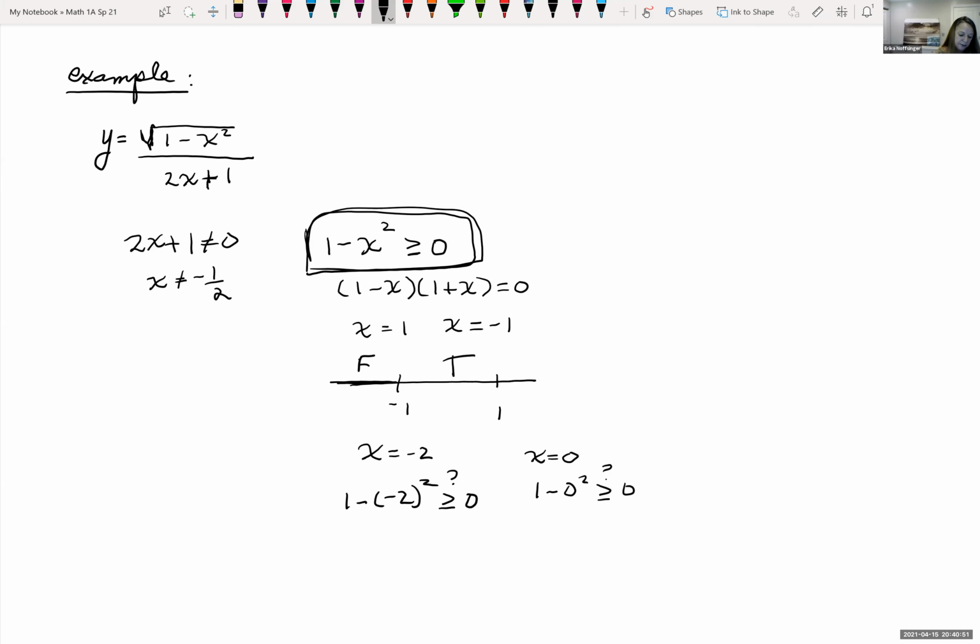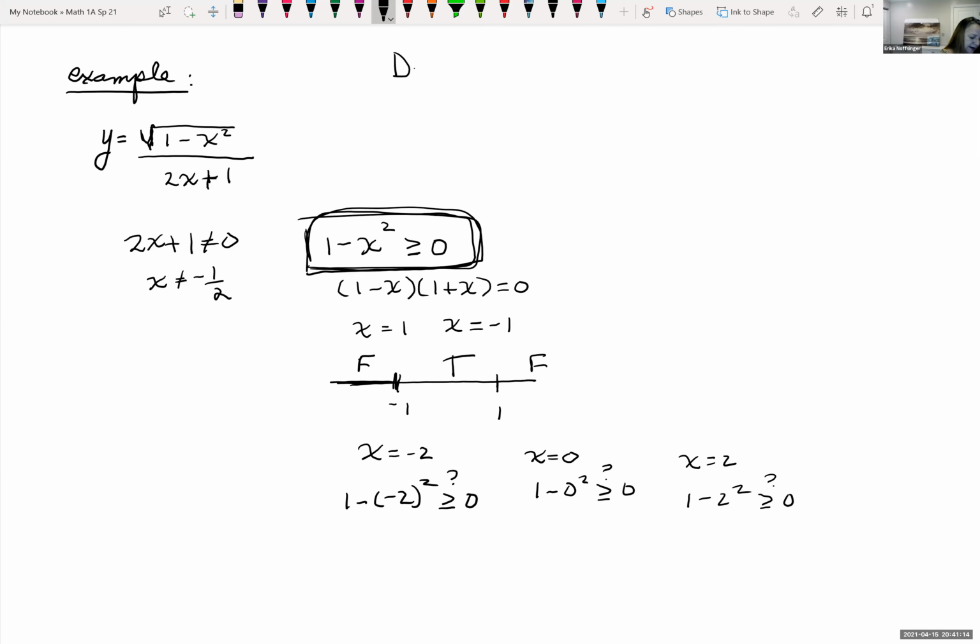Now choose something that's bigger than 1, so 2. If you plugged it back into the inequality, it's false. 1 minus 2 squared is not bigger than or equal to 0. So for our domain, I have to be between negative 1 and 1, but I cannot equal negative 1/2.